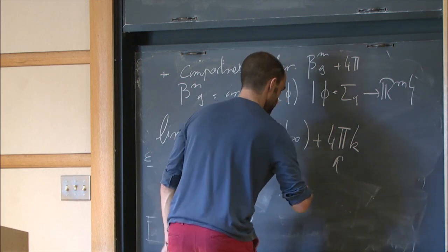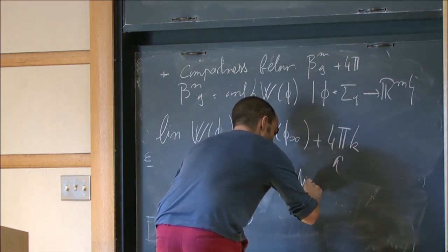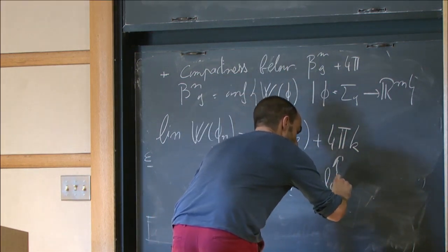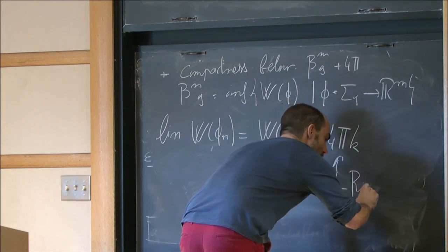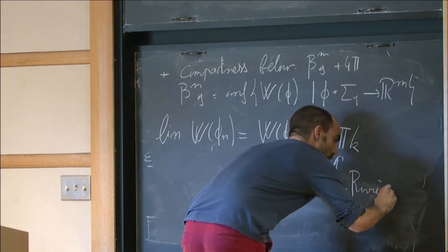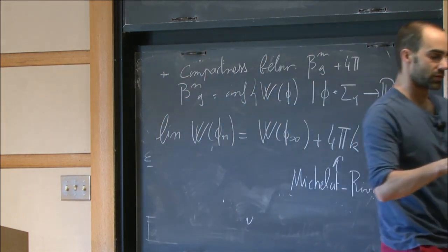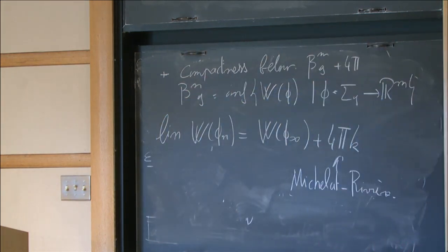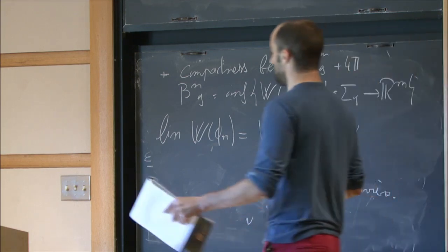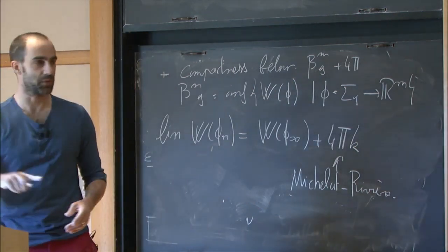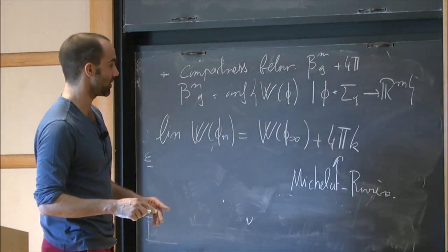This last consequence is due to a theorem of Michelat and Rivière, who prove that if you have a branched sphere, and around any branch point the first residue, the one given by t, vanishes, then your sphere is the inversion of a minimal surface.